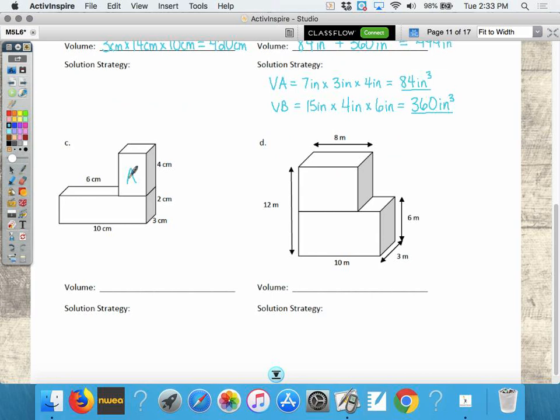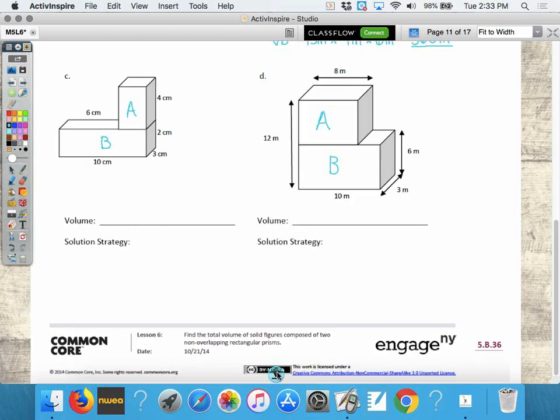So let's call this A. Let's call this B. All right, so let's do volume of A, volume of B. So A is going to be 4 centimeters times, here's the width, 3 centimeters. And then how far across right here?